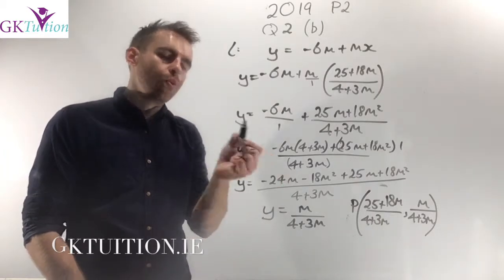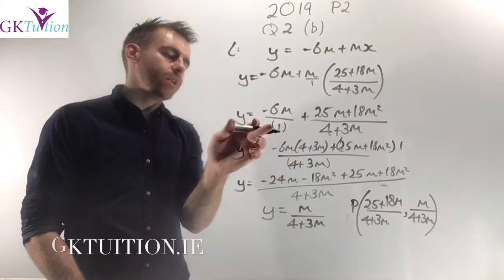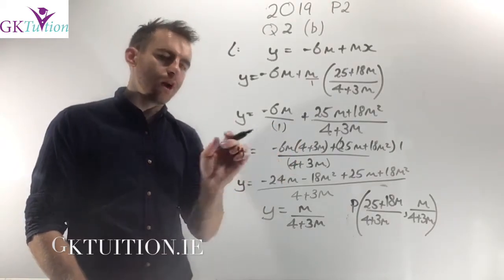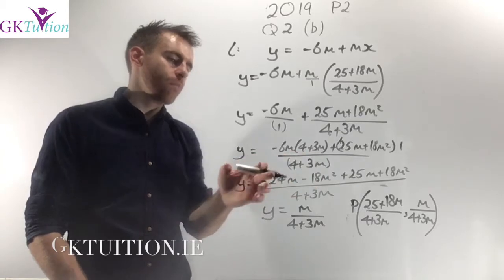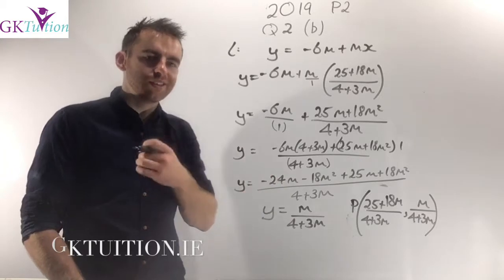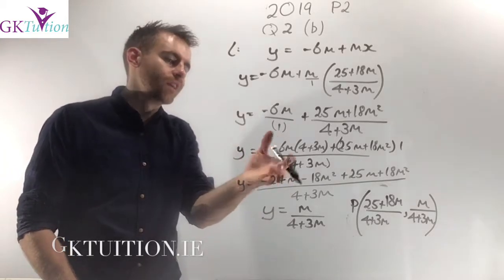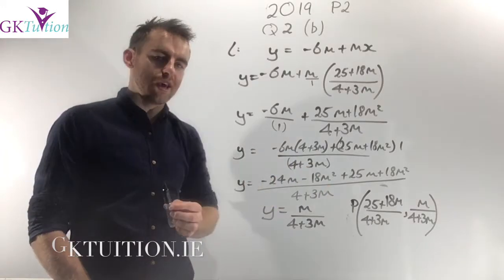You need to work out what to multiply the minus 6m by. You have to ask yourself, how many times does 1 divide into my common denominator? 1 divides into my common denominator 4 plus 3m, 4 plus 3m times. 1 divides into 12, 12 times. 1 divides into 10, 10 times. 1 divides into this many times, which means it'll be minus 6m by 4 plus 3m.